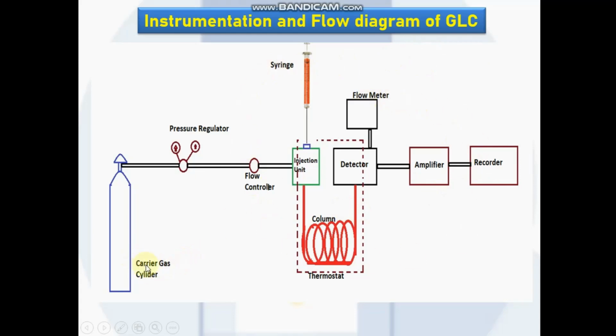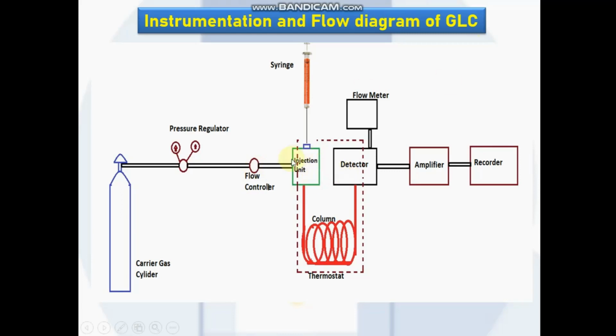Here, a carrier gas cylinder is fitted with a pressure controller or pressure regulator to control the pressure of mobile gas, and a pressure gauge that indicates the pressure of gas which is passed through this tube. A flow controller ensures a constant rate of flow of mobile phase into the column.